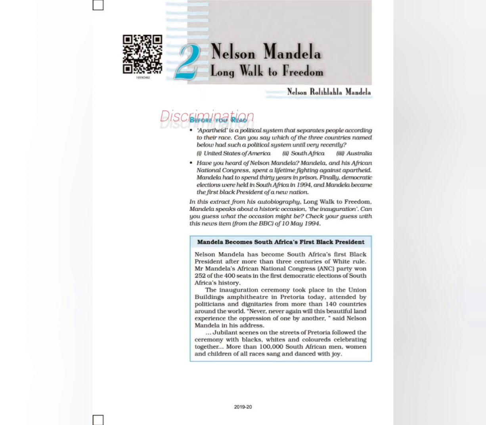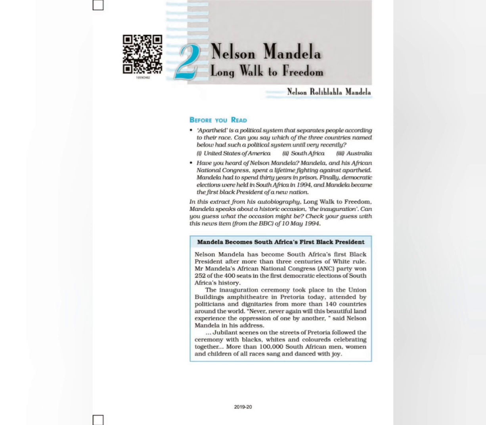And another thing is South Africa, the country. The name is very important. And discrimination, gender discrimination, racial discrimination, colonization, white supremacy, ANC. What is ANC? This question can be asked. African National Congress.